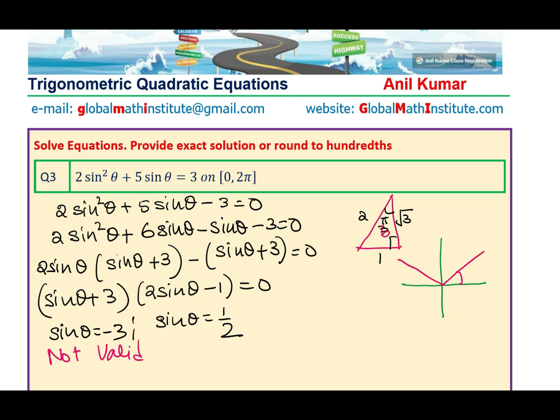Not 3, 6. So we have pi by 6, and this angle here will be 5 pi by 6, correct? Great. So theta is equal to pi by 6 and 5 pi by 6, correct? Pi by 3 is this angle, right? Perfect. So we got the two solutions within the given domain of 0 to 2 pi.